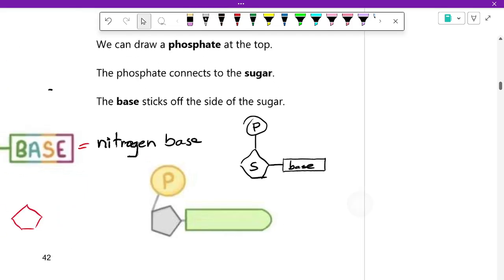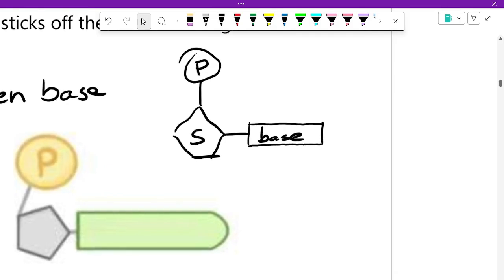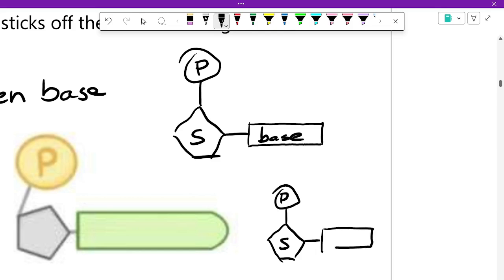So practice drawing one nucleotide where you have your pentagon. That's your sugar. Above it, you're going to draw your P for phosphate. And off to the side, you're going to draw a rectangle for the base.